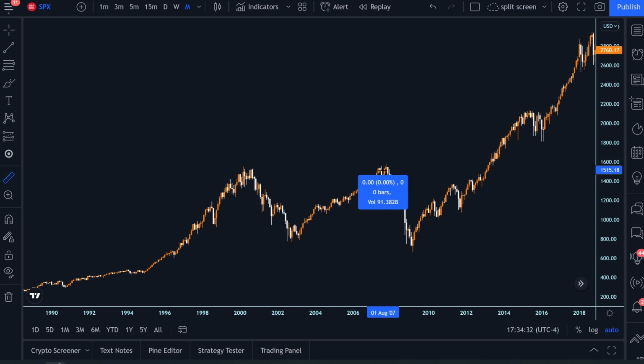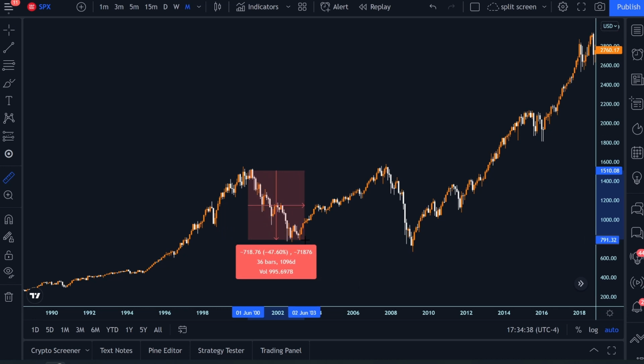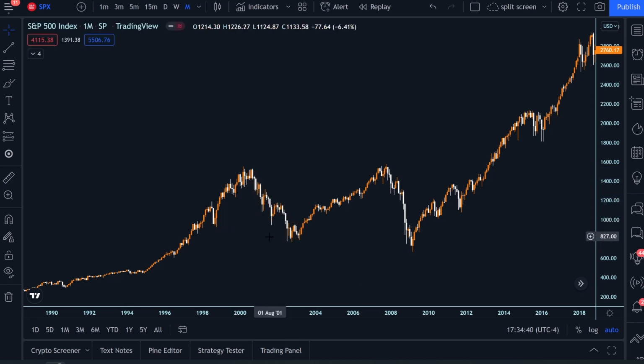If we look at those, that is going down 54%, and the dot-com bubble was pretty much around the same, around that 54%. And it took a couple of years to recover. I mean, 2008 bottomed out at around 2009, and then we didn't see all-time highs until 2013. So that right there is 4 years before we saw all-time highs, and the dot-com bubble was even worse.